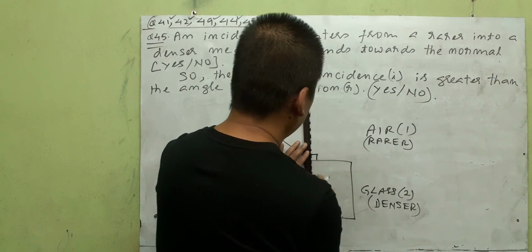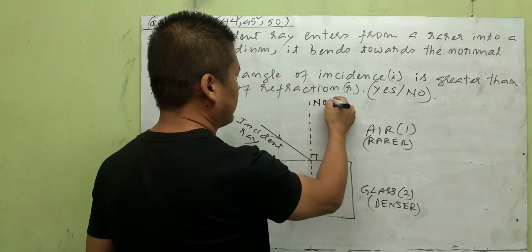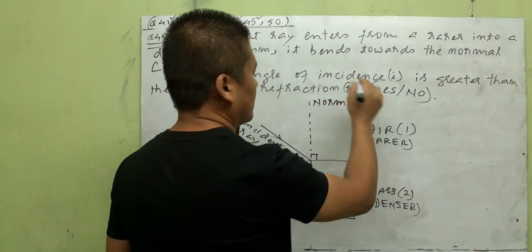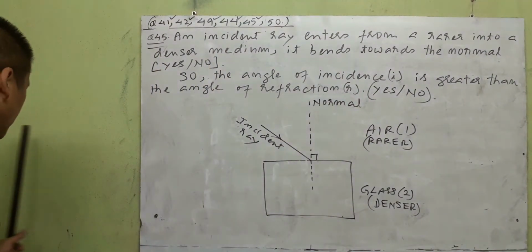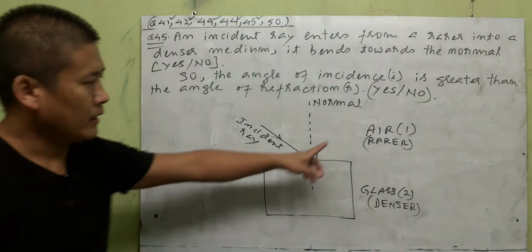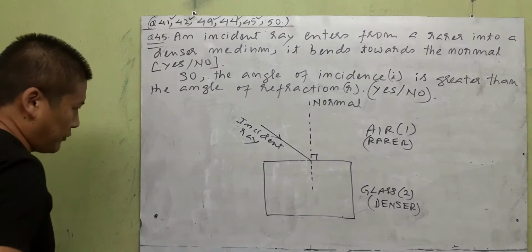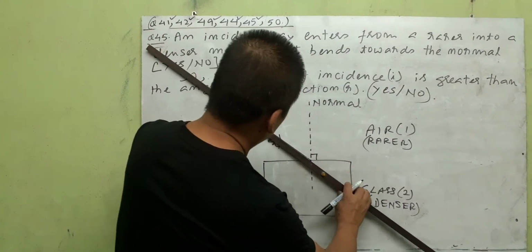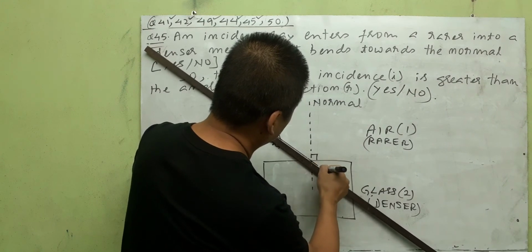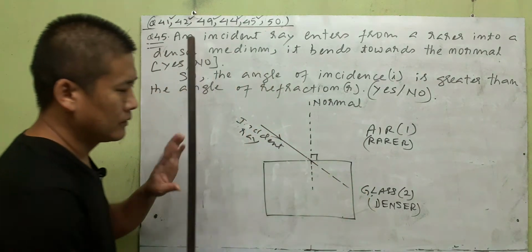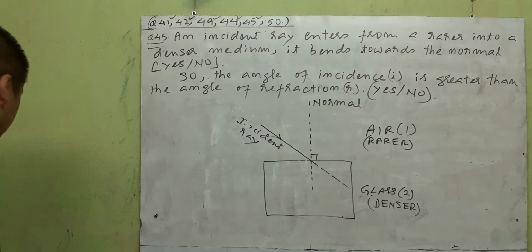At that point we draw an imaginary line 90 degrees to the interface. That is the normal at the point of incidence. As this light ray enters from the rarer medium air into denser glass, we will observe the exact opposite. If it did not bend, the light ray would have gone like this, so you draw broken lines representing the straight path of the incident ray.